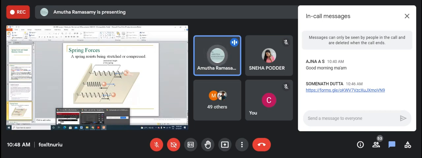The perpendicular force, the direct impact on the surface, we say as thrust. You all agree? Yes, ma'am. Definitely it is force by area only, but when it comes to pressure, we only consider the perpendicular force acting on the surface. So we say this is thrust, and thrust by area is the pressure.